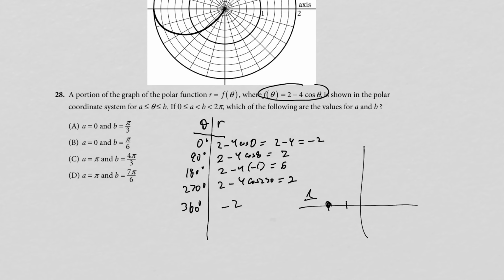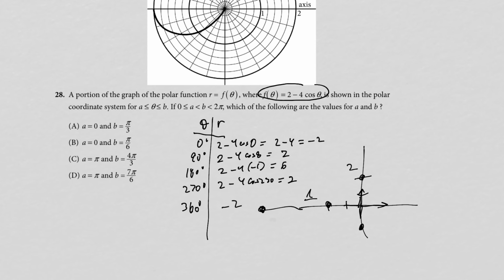At 90, 90 degrees is pointing this way. So 0, you're going this way, but it's negative. 90, it's this way, it's positive. 180 is this way, and it's 6. 270 is this way, and it's 2.